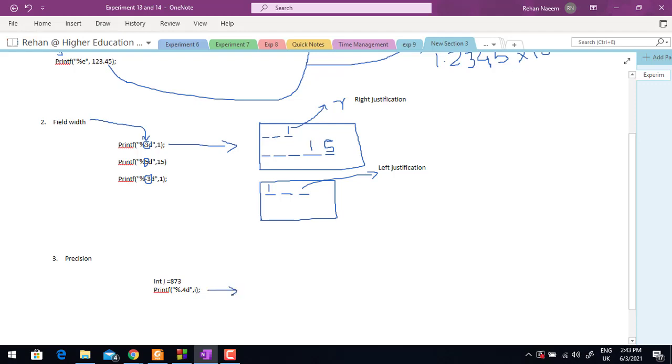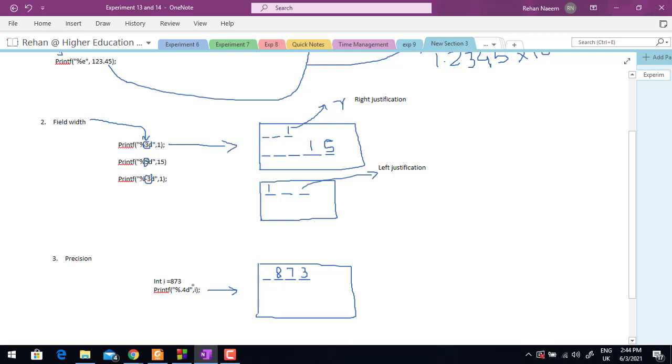The computer will allocate 4 spaces, 1, 2, 3 and 4. 4 over here means allocate 4 spaces to display 873. So 873 will be displayed as a right justified number. So 3 will be printed over here, 7 will be printed over here, and 8 will be printed over here.